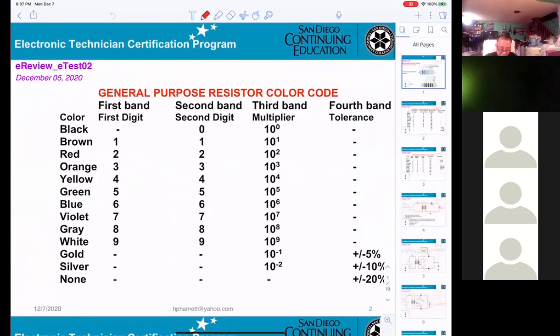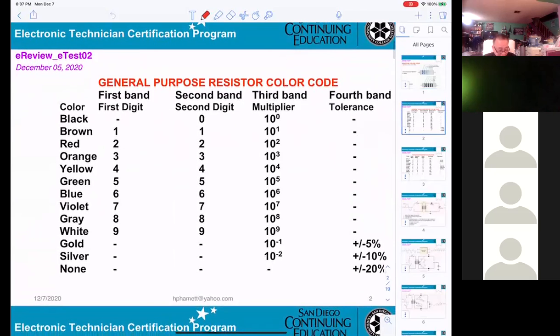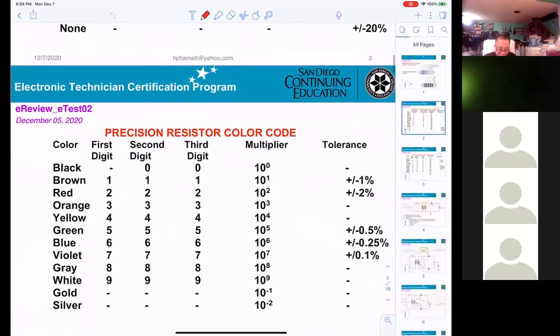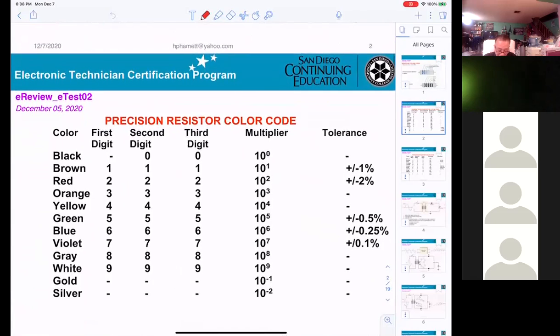And this is the table you will need. Make sure you download it if you haven't. They're telling you the first band is the first digit, then the second digit, the multiplier, and the tolerance. And this is precision. We don't care. I will not ask precision.